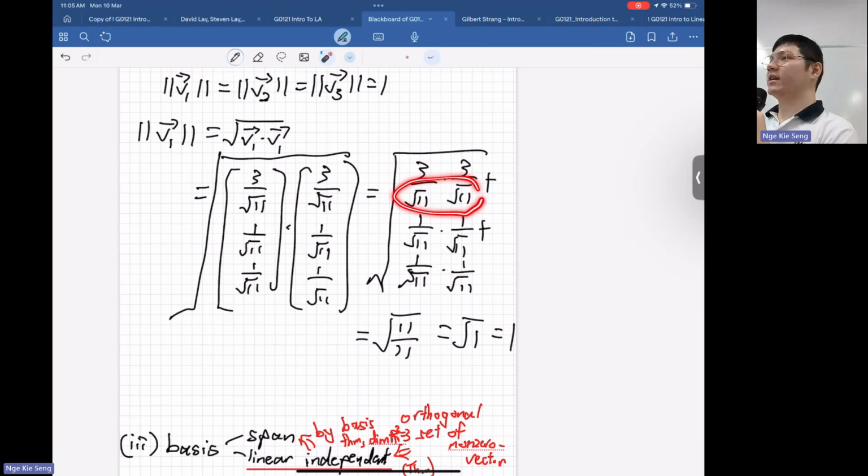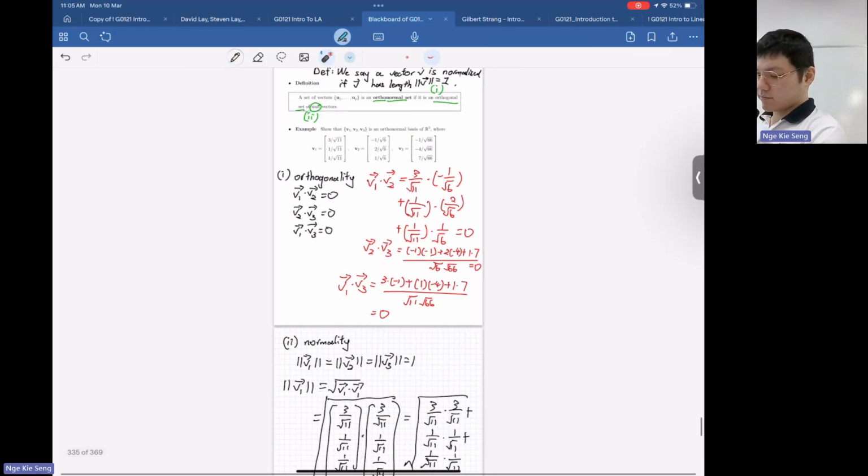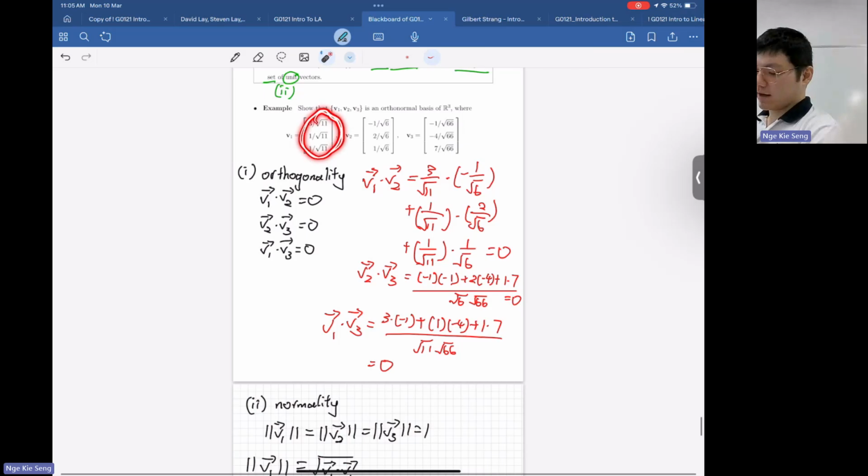So if you just put 11 there, you won't get the length division by 11. Instead, you'll get 121. So you won't get to the length 1. You are dividing by more here.